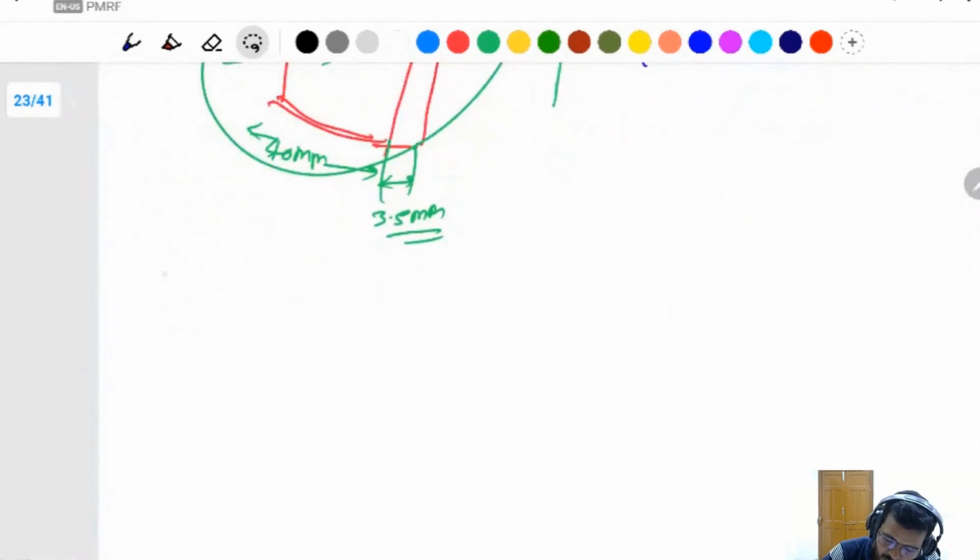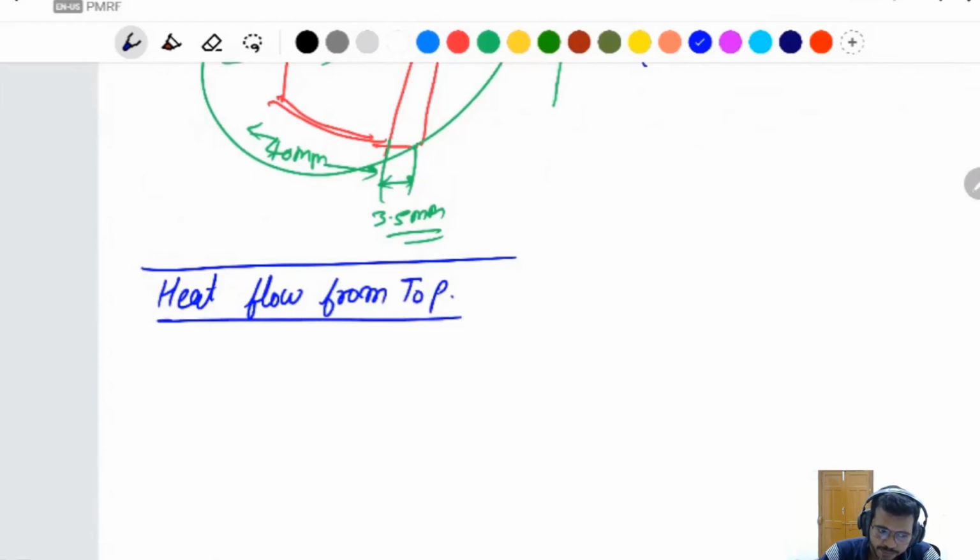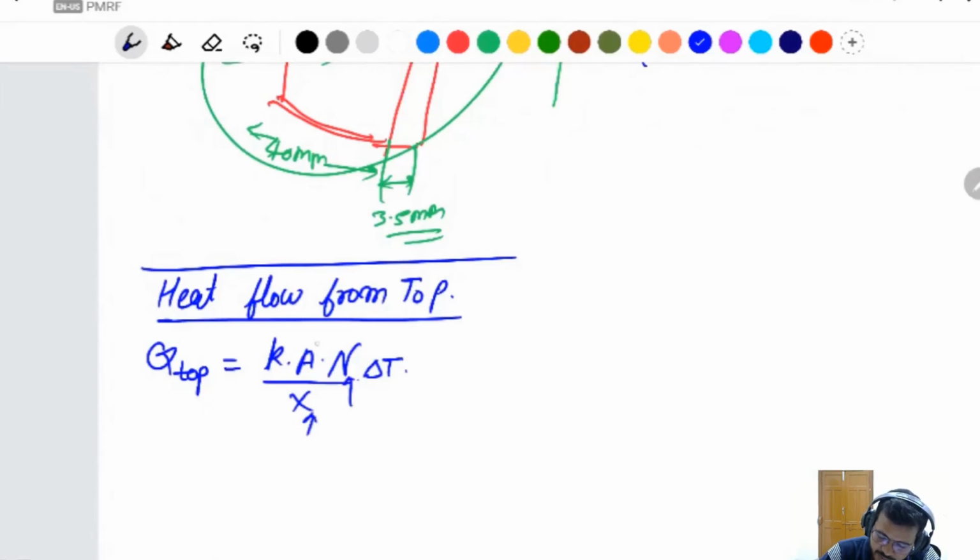First of all, I calculate the heat flow from the top. This will be Q top. The formula will be the same: k times the Nusselt number divided by the characteristic dimension, times area, times delta T. And what is the area?